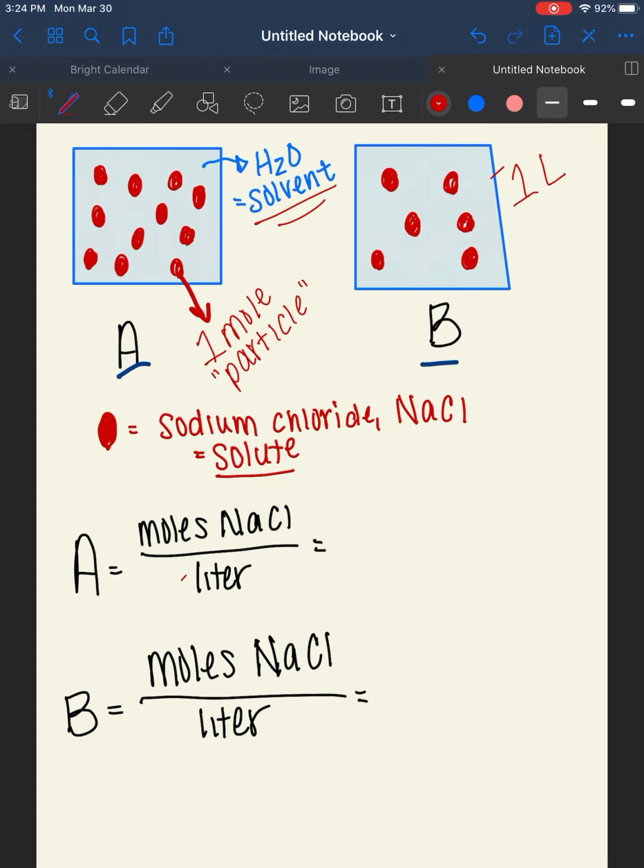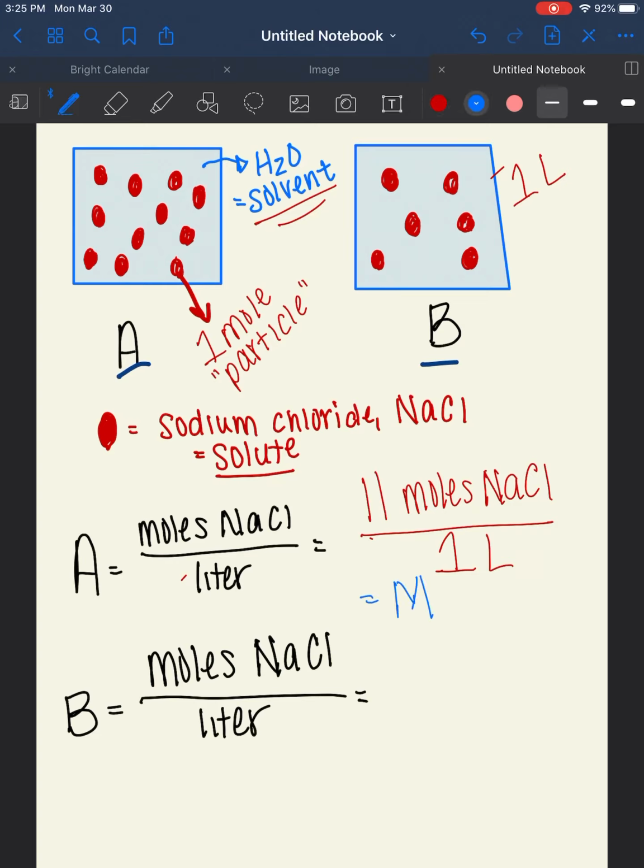So I have 1, 2, 3, 4, 5, 6, 7, 8, 9, 10, 11 moles of NaCl. And the volume is 1 liter. If I divide those two, I get a molarity, capital M, or a concentration, equal to 11. 11 divided by 1 is just 11.